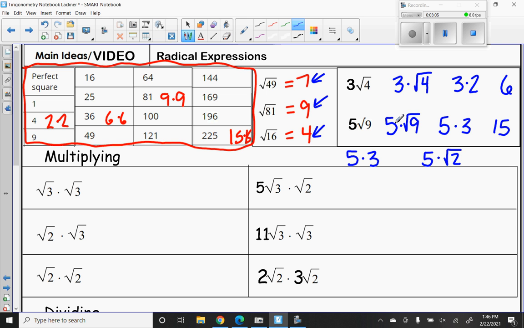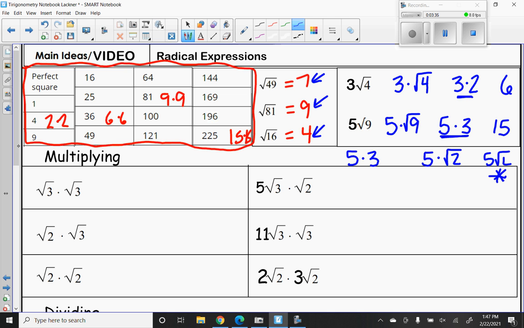Well, it's kind of like saying 5 times x. 5 times x would be 5x. 5 times radical 2 would be 5 radical 2. So when they're not like terms, we can write them next to each other like this. When they are like terms, like this, we multiply 5 times 3 and 3 times 2.